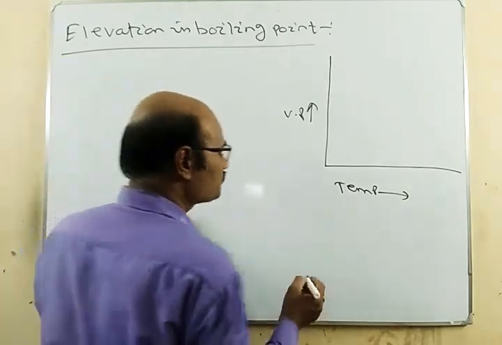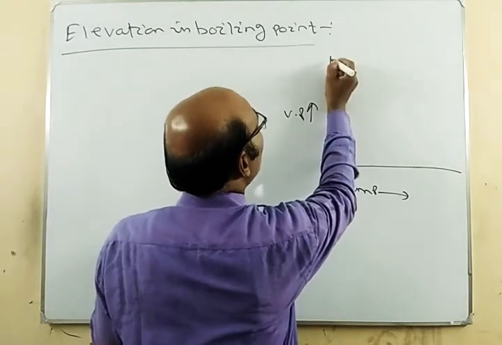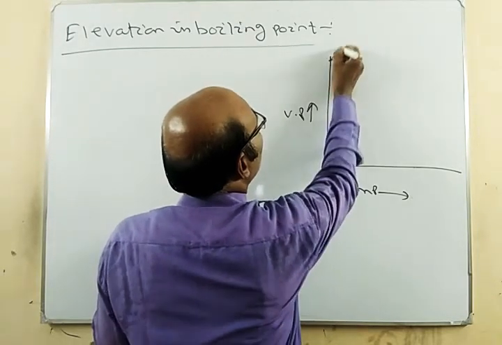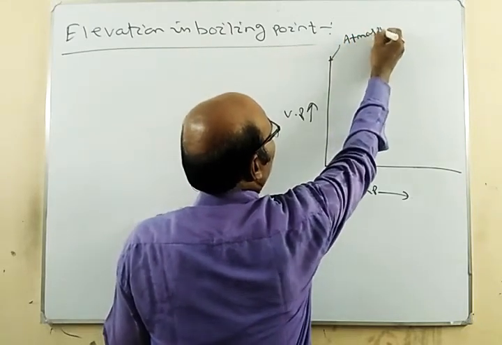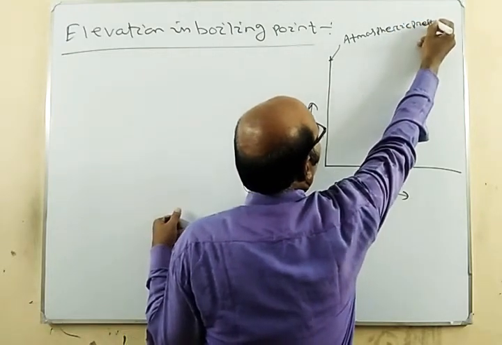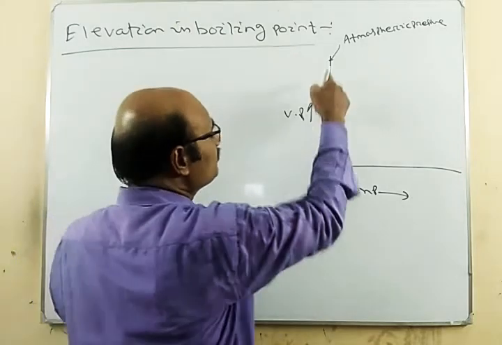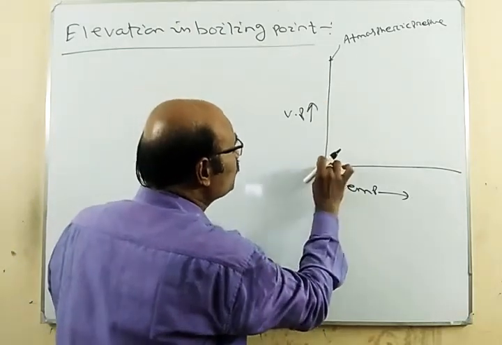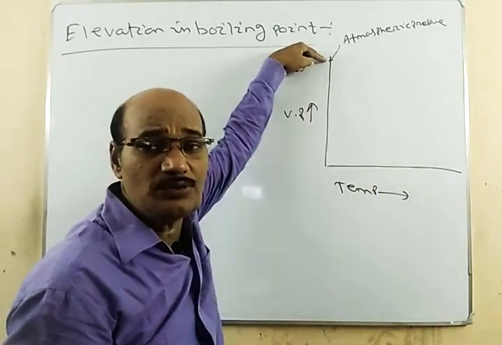Suppose this is the atmospheric pressure. When the vapor pressure is equal to the atmospheric pressure, the temperature at which this happens is called the boiling point.